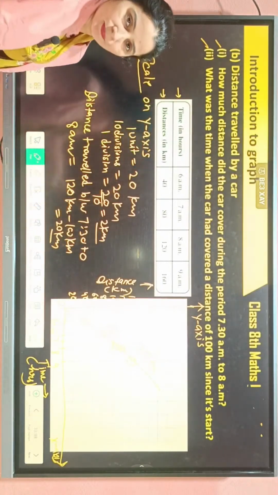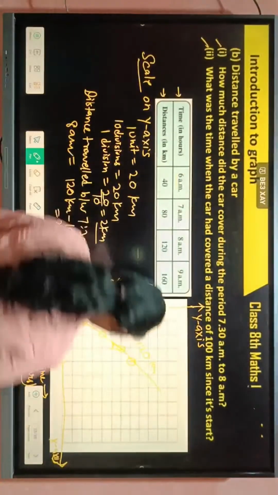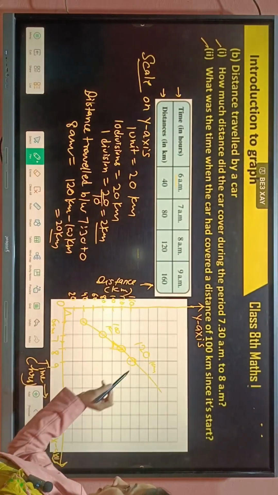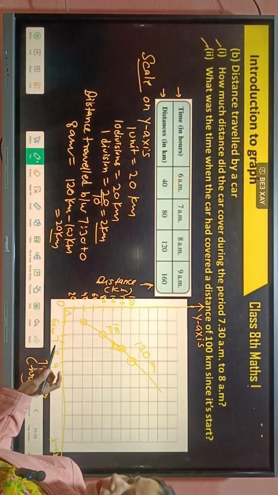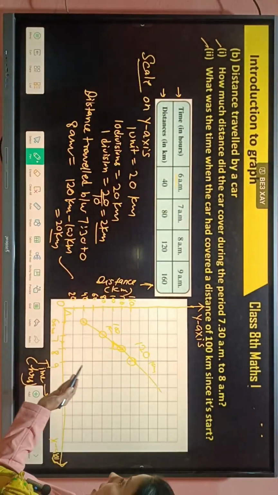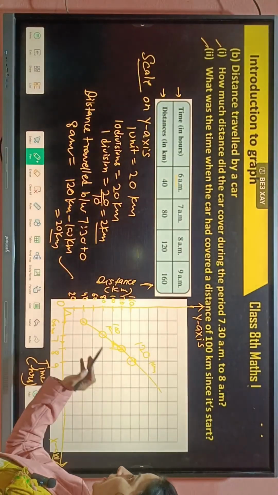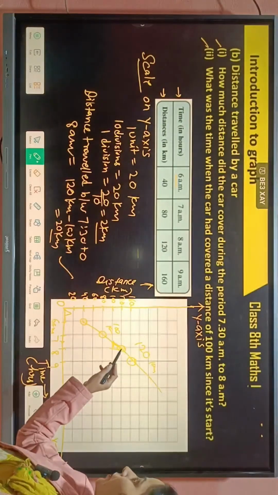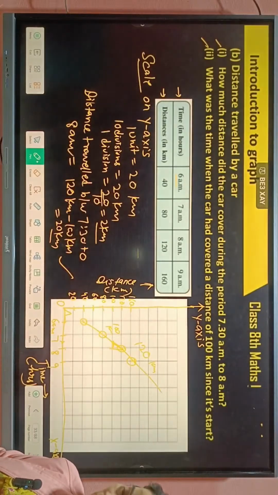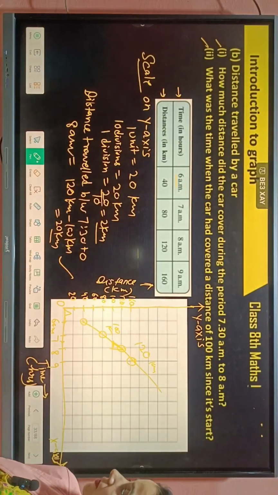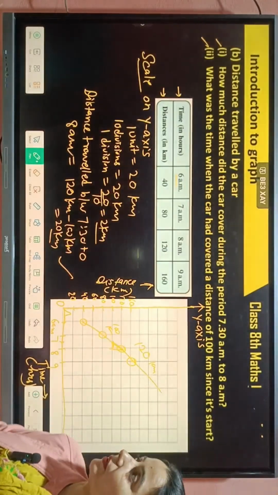Maybe it can be up and down some values, because I'm not having that proper graph. Approximately idea I'm giving to you. So answer is 20 kilometer. But in this way you can find out: at 7:30 you will check corresponding distance on y-axis, and at 8 a.m. we know distance travel is 120 kilometer. So you will find the difference between these two distances, and that will be 20 kilometer.